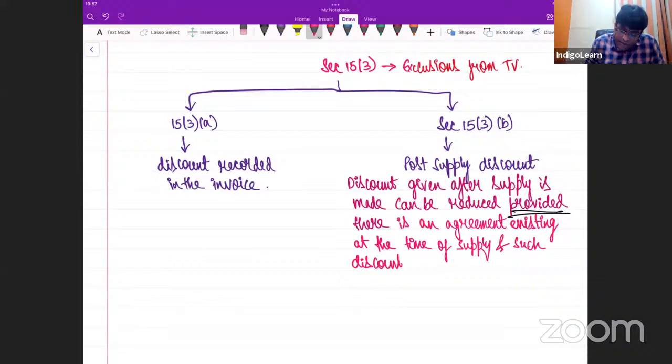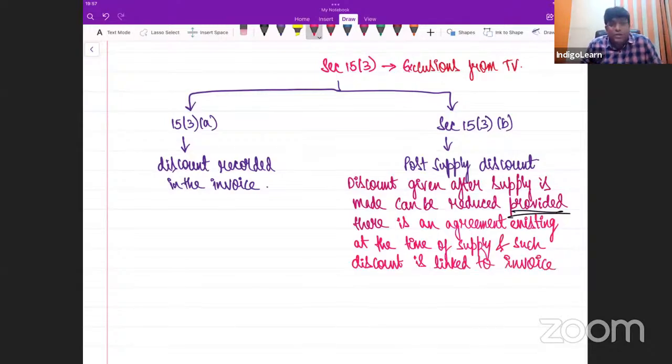Provided there is an agreement existing at the time of supply and such discount is linked to invoice. For the first condition, there should be agreement at the time of supply. Number 2, the discount should be linked to invoice. And proportionate credit, that is ITC.